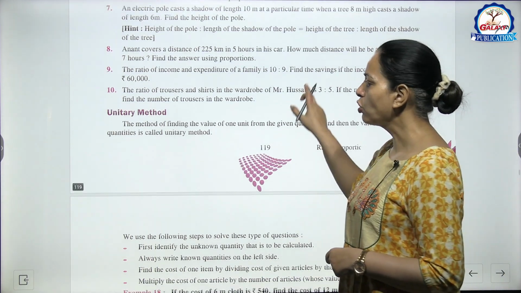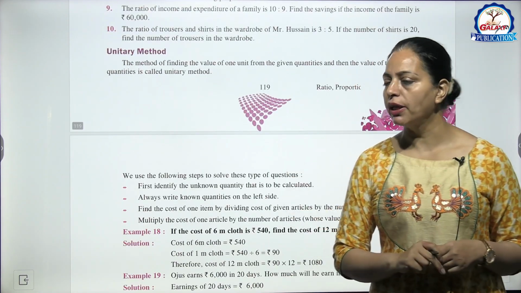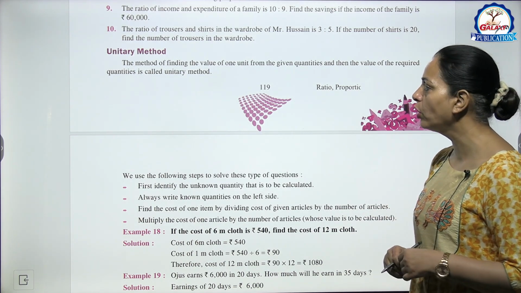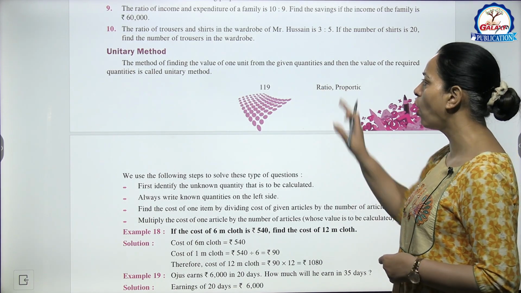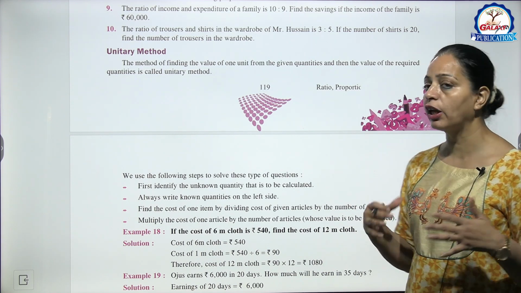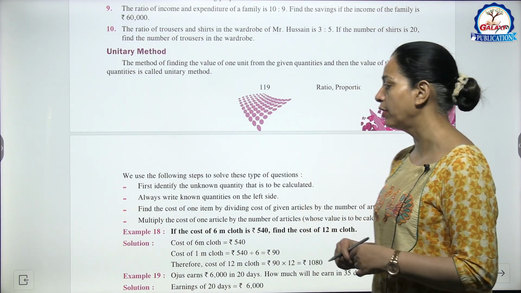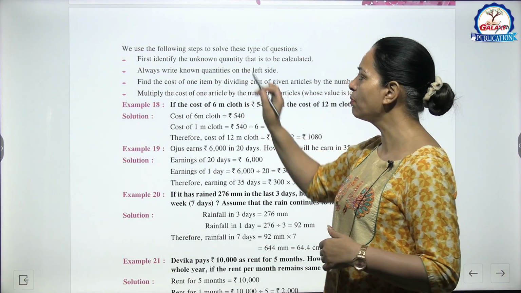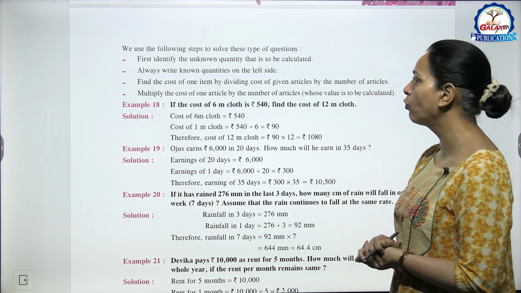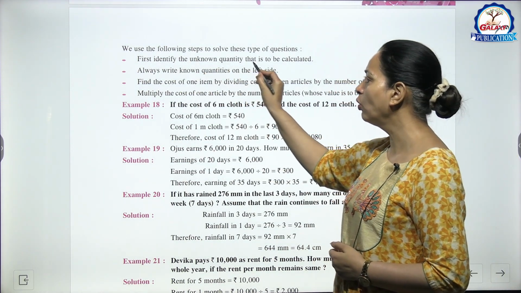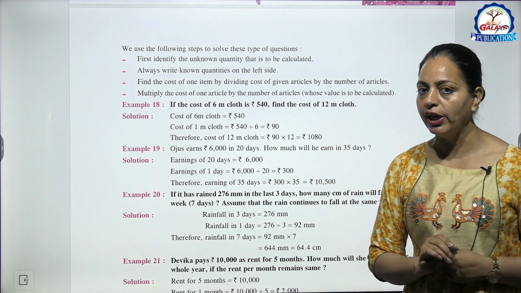Now here we are talking about unitary method. The method of finding the value of one unit from the given quantities and then the value of the required quantities is called unitary method. Now we use the following steps to solve these type of question. The first point, first identify the unknown quantity that is to be calculated.